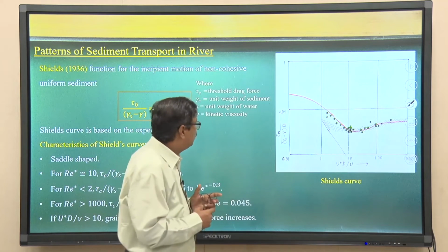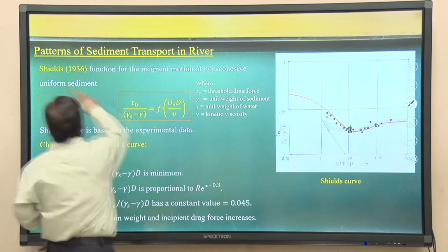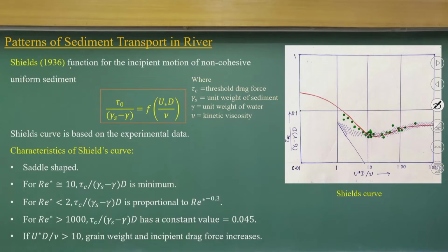So, look at the huge experiment conducted by Shields in 1936 to find the incipient motion for non-cohesive uniform sand. Both things hold: uniform and non-cohesive.